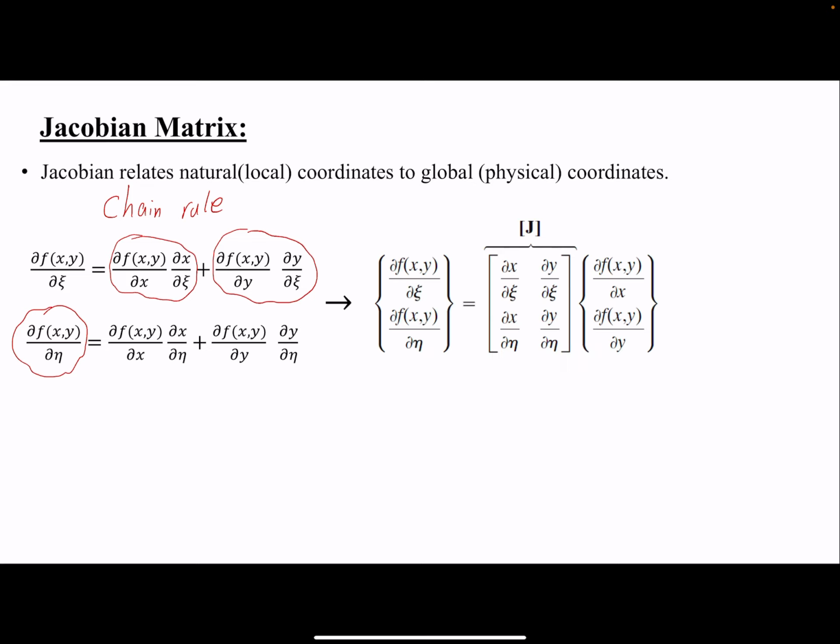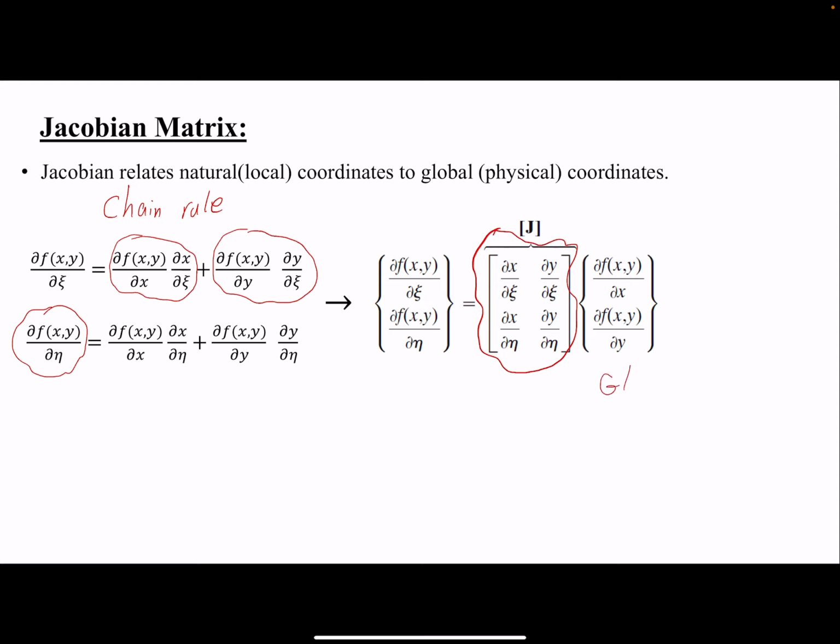I can also write that in matrix form. I call this matrix, with partial x over partial ξ, partial y over partial ξ in the first row, and partial x over partial η, partial y over partial η in the second row, a Jacobian matrix, which relates the local coordinate to the global coordinate.